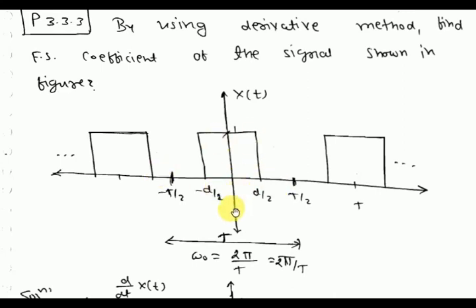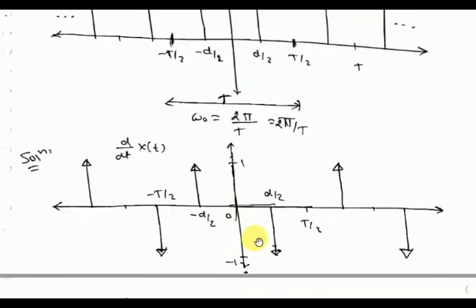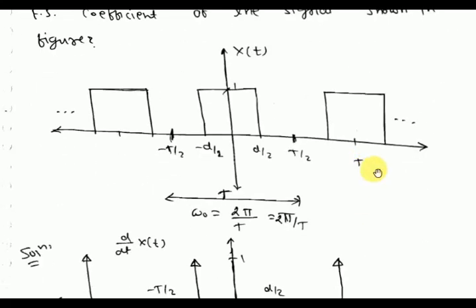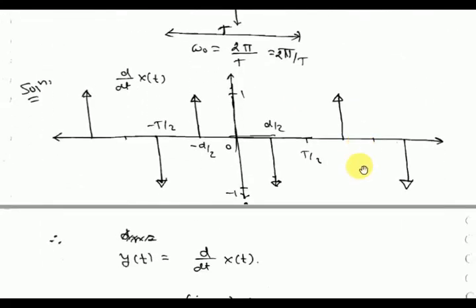This signal is given, you have to differentiate it to impulse form, because finding the Fourier series coefficient using an impulse signal is very easy compared to other signals. This is a combination of step signals. If you differentiate it, you will get an impulse train like this. I hope you will get this on your own.